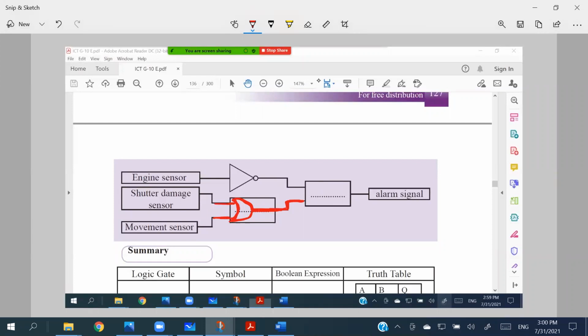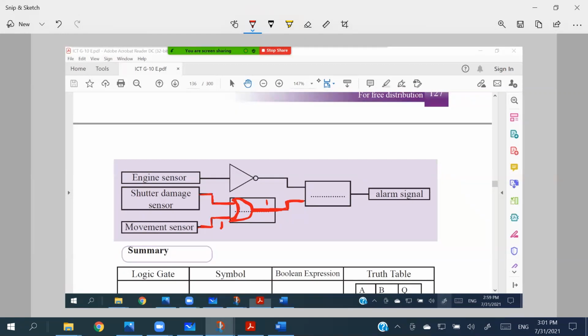If the shutter damage sensor is indicating 1, this can still produce a 1. Or else, if the movement sensor indicates 1, regardless of the other input, this can indicate 1. That is the nature of the OR gate.